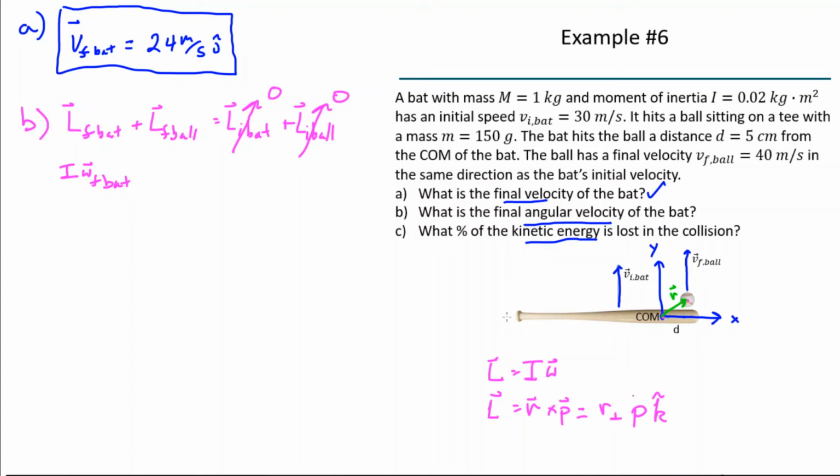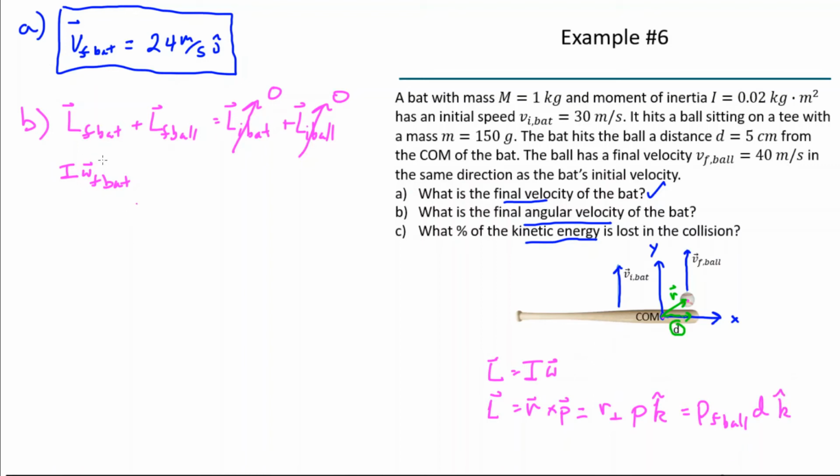And r perpendicular here is the component of r that is perpendicular to the final momentum of the ball, which is just d. It's the component of r that lies along this x-axis. So I can just write this as p final ball times d in the k-hat direction.